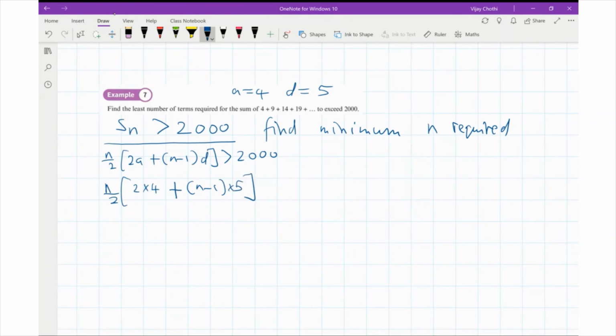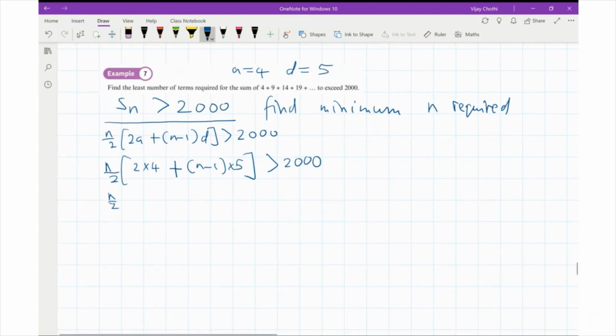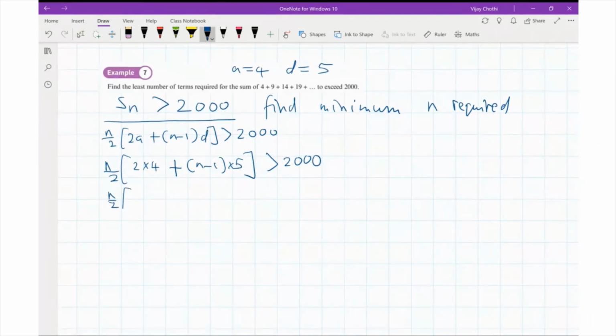So this is going to be an inequality in n. Okay, simplify it very carefully. Over 2. So the brackets will become 8 plus 5n minus 5 greater than 2000. I'm going to move the 2 to the other side and multiply the n into the bracket.